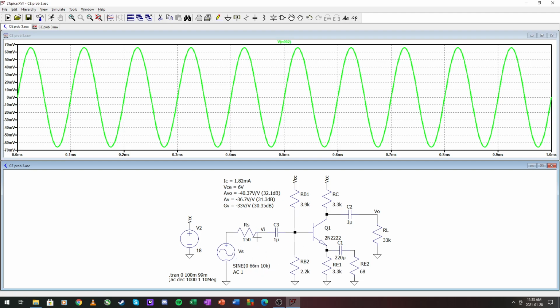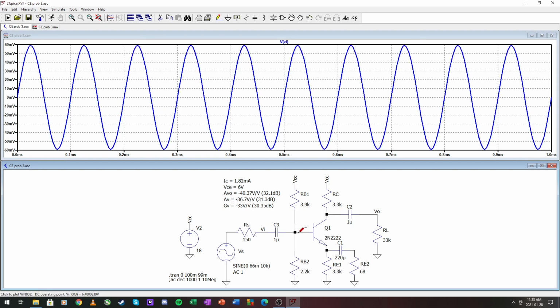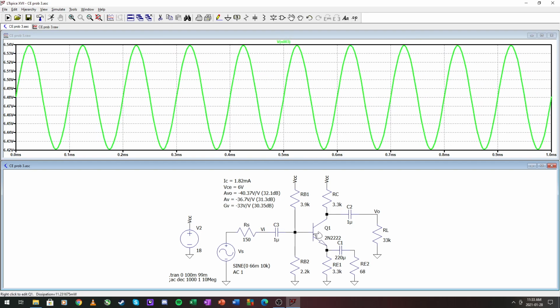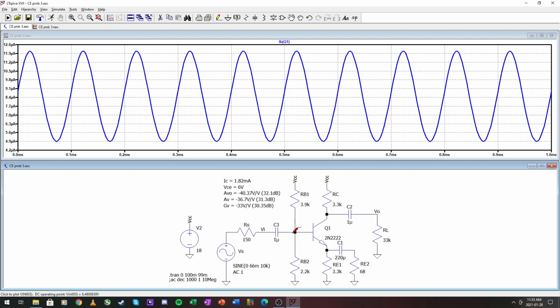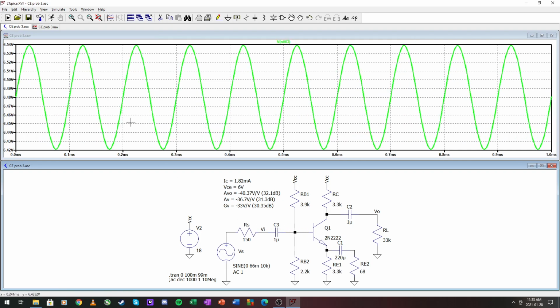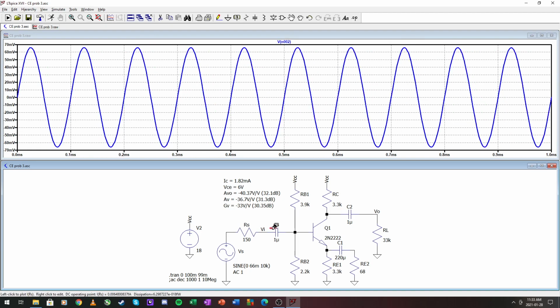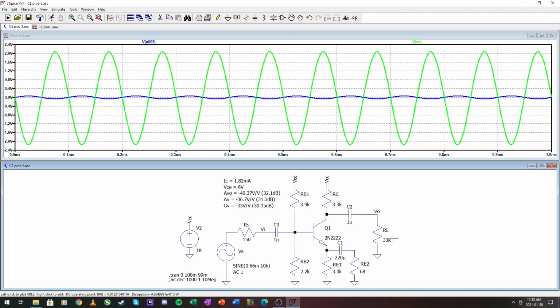So this is again calculated maximum. So only a very small signal entering our BJT in any case, but that is our gain, and this is before we have any distortions.